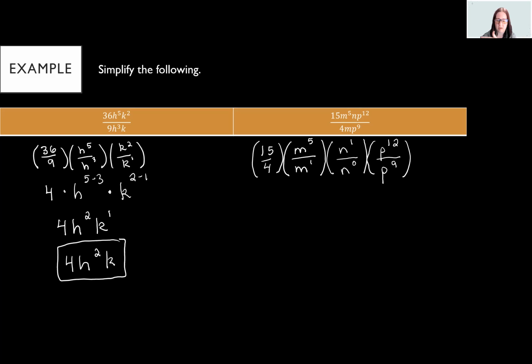So I'm just matching everything together. So then we go from left to right. 15 over 4 does not reduce, so we're going to leave it as 15 over 4. Then on the m's, you're going to subtract 5 minus 1. On the n, it's 1 minus 0. And then on the p, 12 minus 9.